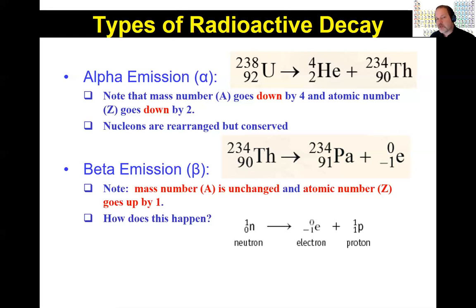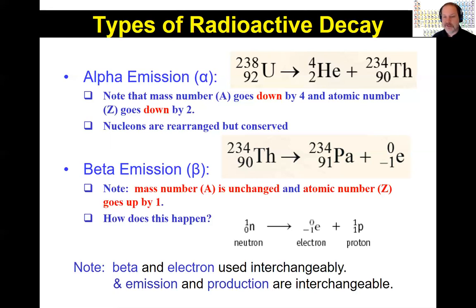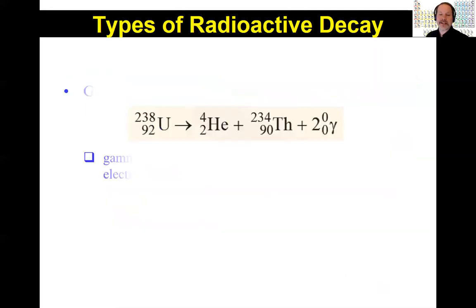There's an unstable neutron that converts into an electron and a proton, and the electron comes ejecting out of the nucleus, not out of the electron cloud that surrounds that. You'll often hear beta emission and electron emission used interchangeably, along with emission or production. We want to be ready for a couple different ways of saying things.